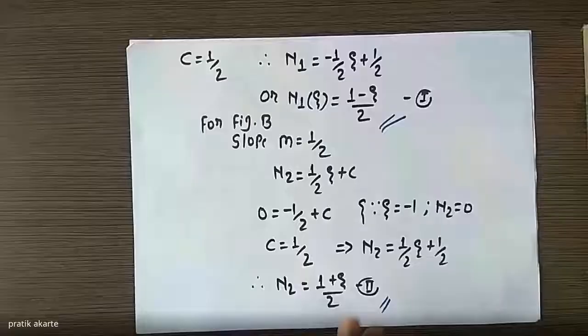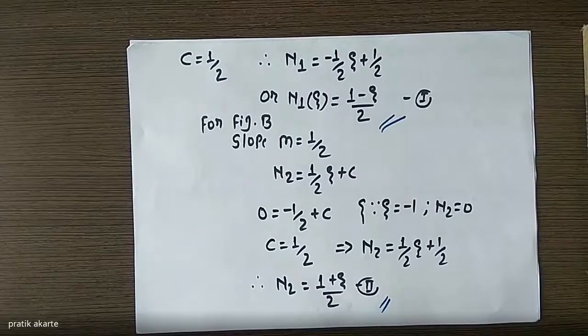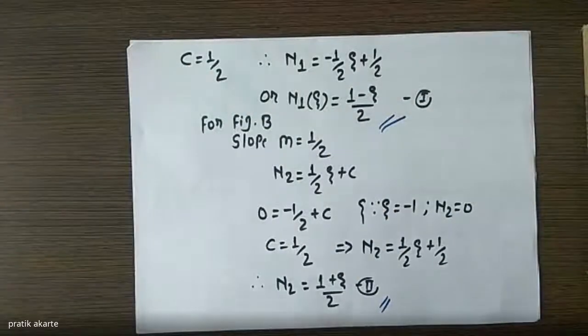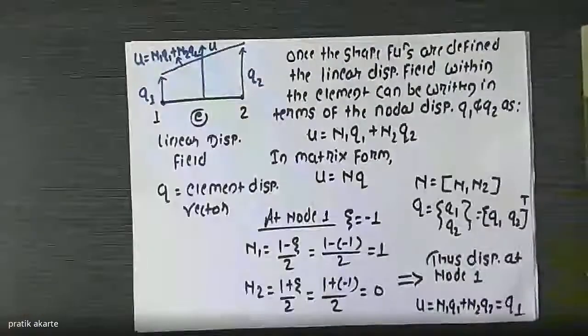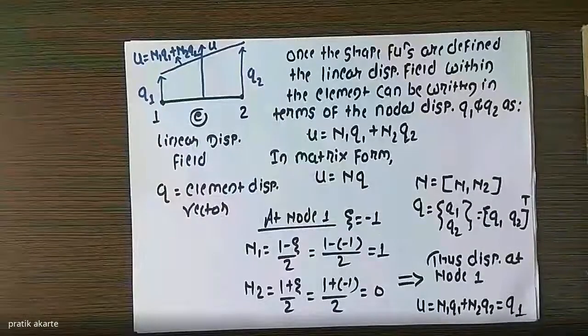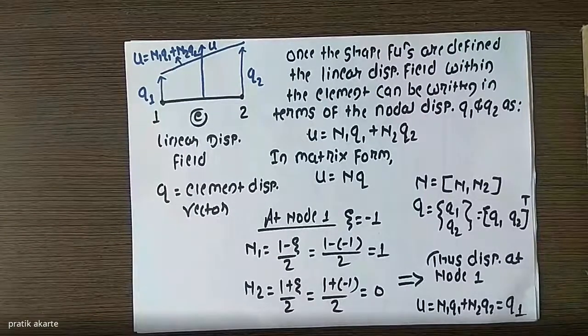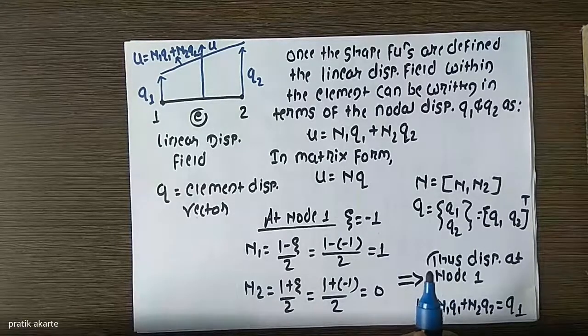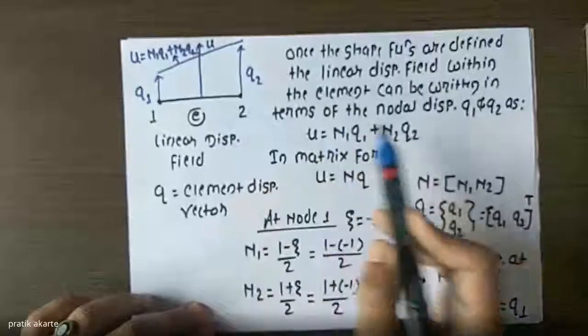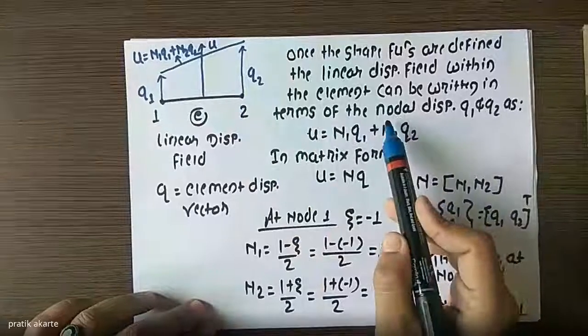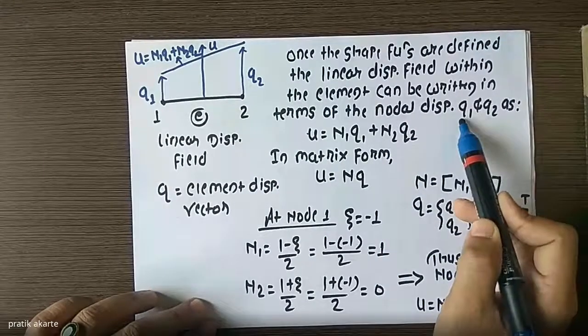Now moving forward, we have formulated the shape functions. Now we'll establish how your field variable can be described. Once the shape functions are defined, the linear displacement field within the element can be written in terms of the nodal displacements Q1 and Q2.